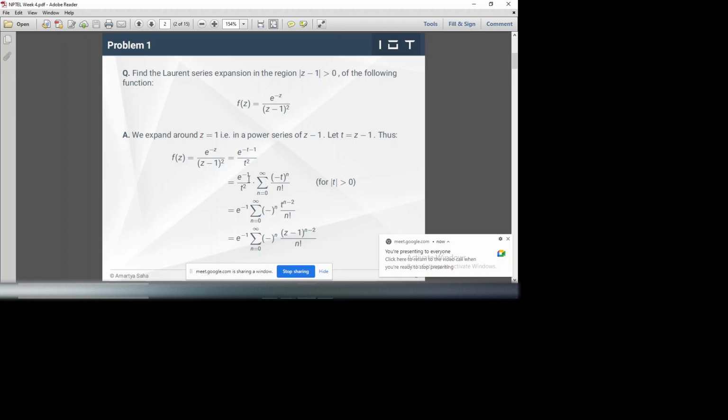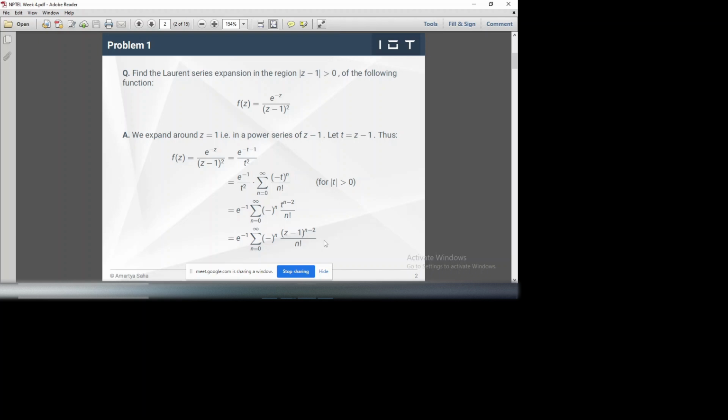Now a simple manipulation: I just carry this t to the power minus 2 factor inside the summation to get this term, and then finally I substitute t equal to z minus 1 to get the final answer. So this is the Laurent expansion around z equal to 1.